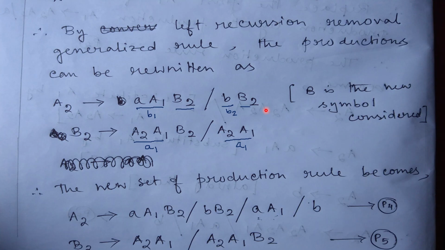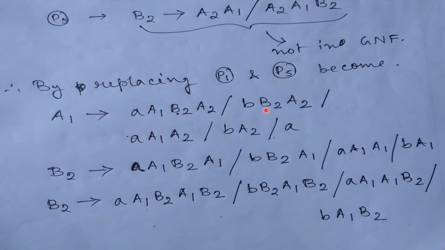A A1 B2, B B2, A A1, and B. You see, if you check these 4 cases, these are the 4 options that I have replaced. That's why these four options came.